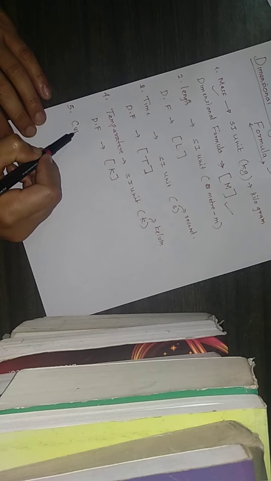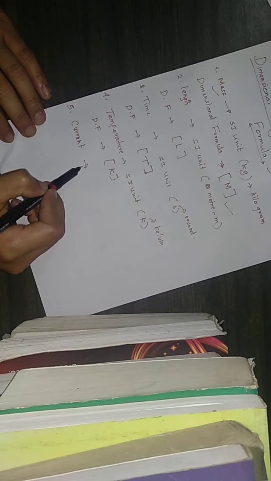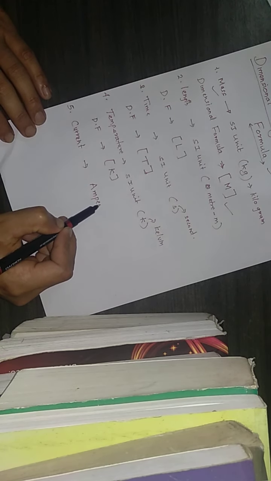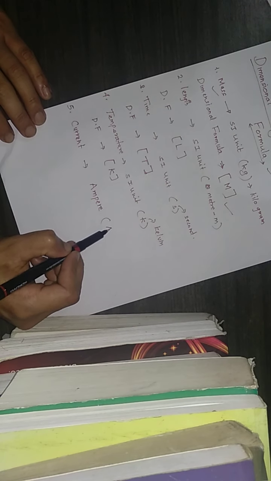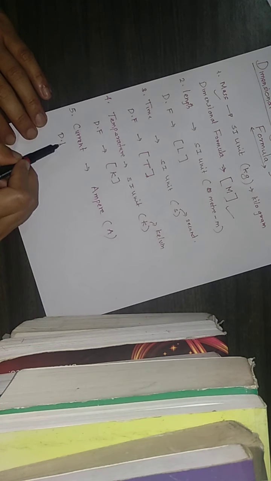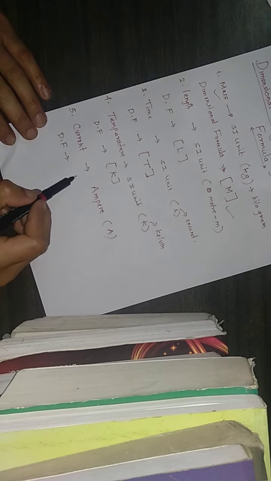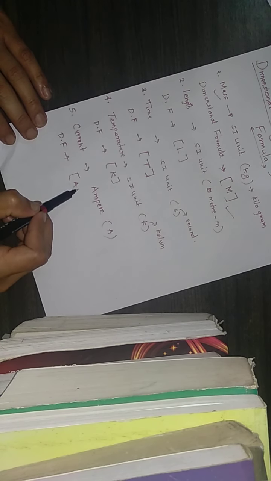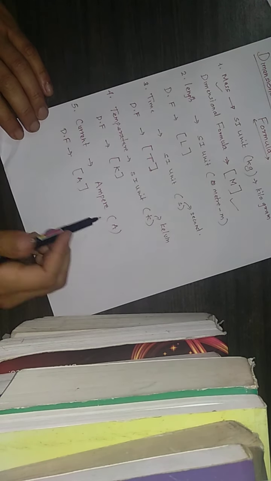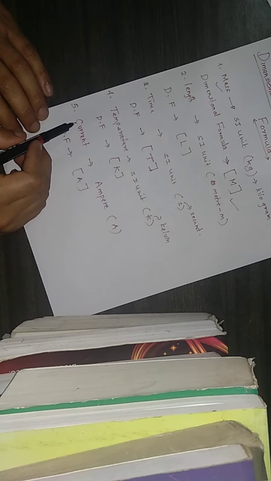Similarly, current: its unit is ampere, which is represented by A. So its dimensional formula will be not C but A. The formula is given by its unit, not by the first letter of the physical quantity itself.